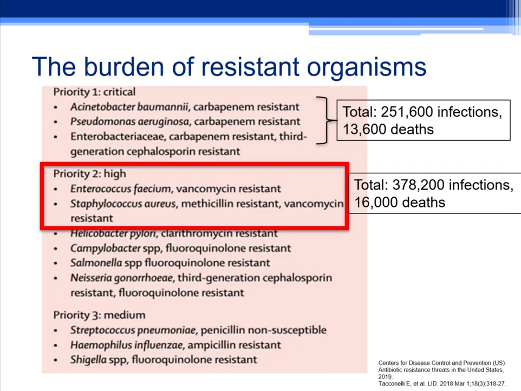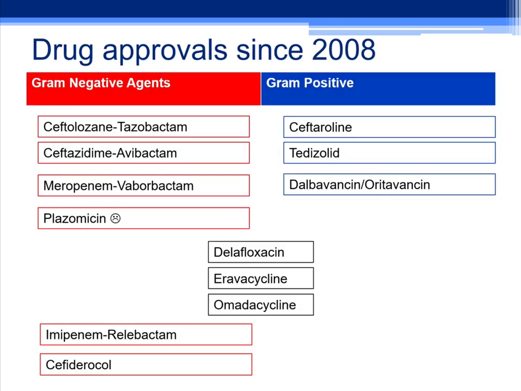A lot of this is correlated with potentially some infection prevention measures and other things, but we can still see that gram-positive can still carry a significant burden of infections overall and a significant amount of deaths.